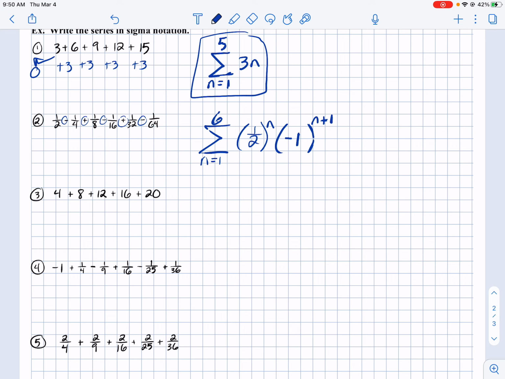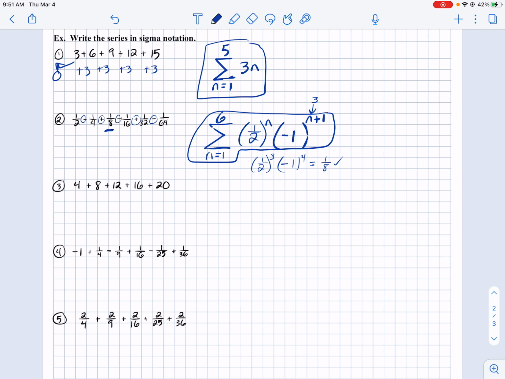Because if we plug in a 2 here, we get 2 plus 1 is 3, and a negative raised to an odd exponent is going to stay negative. Then if we plug in, say, 3, we get -1 to the power of 4, which is going to become positive, and we have our 1/2 to the power of 3, which gets us 1/8. And this checks out. Always a good idea to check and make sure your rule works. There's our rule in sigma notation.